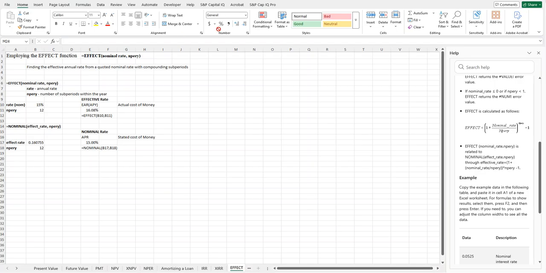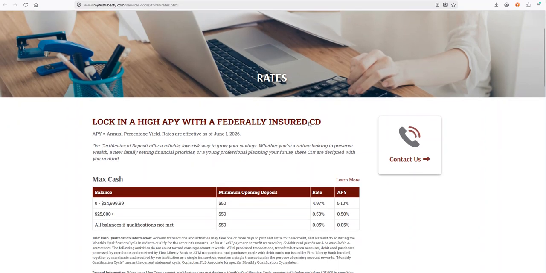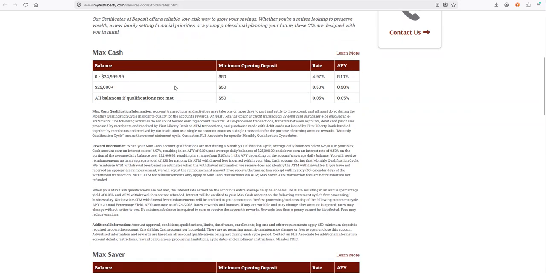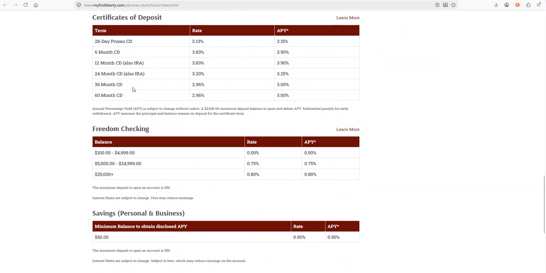Now here's a practical example for you. So first I like to go to First Liberty Bank. At the time of making this video, notice they'll tell you if you have a certificate of deposit, the rate is what they're stating the rate of interest is, but then when they take the compounding into account, here's what the actual money will grow into based on the compounding, the monthly compounding.